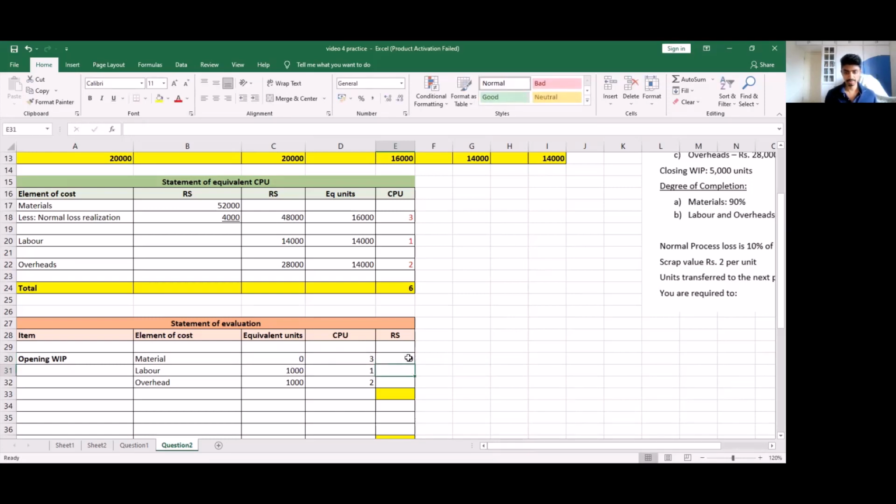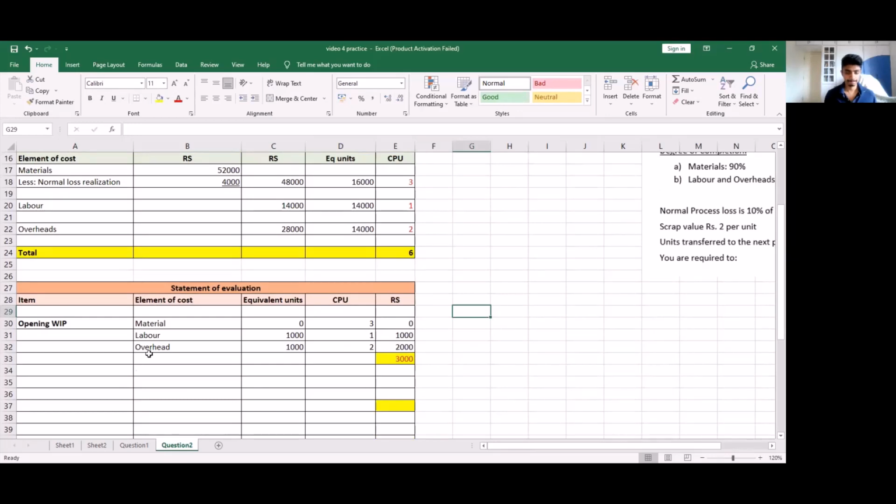We will do the same for our labor and overheads. So 1 into 1000 is 1000, 2 into 1000 is 2000. We will sum these to get our total value for opening work in progress, which is 3000. Next, we have our finished goods.